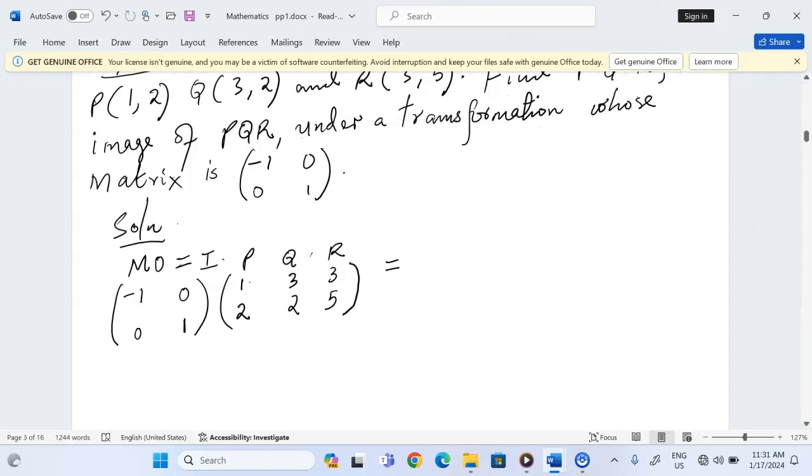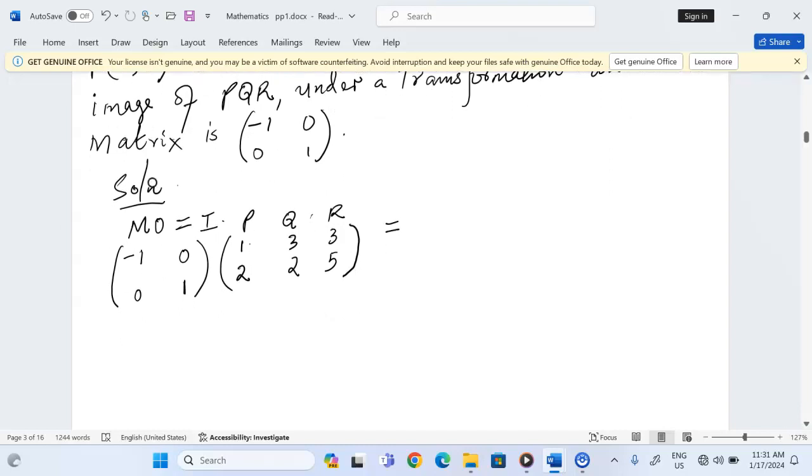When we are multiplying matrices, we begin with this row times the first column, so that we get the first element. Therefore, we have -1 by 1, then 0 by 2, which is -1 plus 0, so it remains -1. The next element is the same row and the next column: -1 by 3 gives -3, and 0 by 2 gives 0, so we have -3.